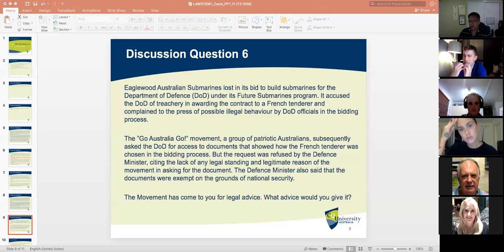Good. So if it is not an exempt agency, the question is whether that particular document is considered an exempt document on the ground of national security, so it shouldn't be released? I would think it is. Okay, go on. Roxy, why?